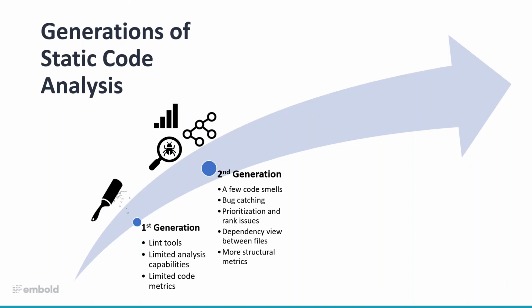We can also prioritize and rank the issues. We also have views of how files depend on each other, and a lot of structural metrics, for example complexity, number of child classes, depth of inheritance, etc.